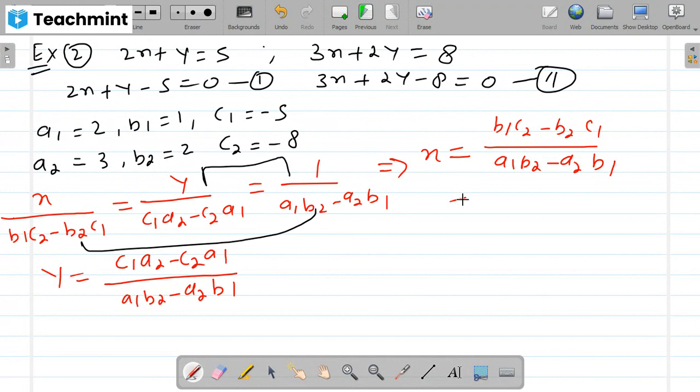Okay, now finding the value of x. Now here we want to find the value of x.